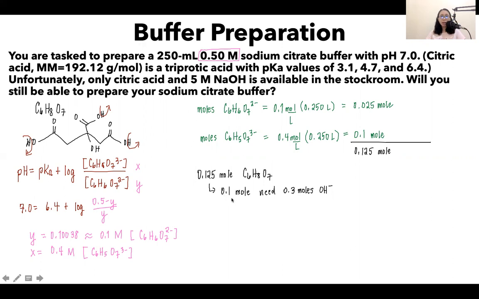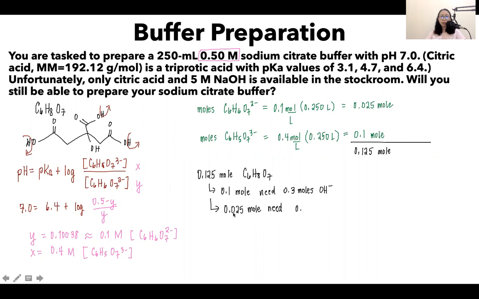And with the same line of reasoning, the remaining 0.025 mole of citric acid, this needs 0.2? Is that 0.2?